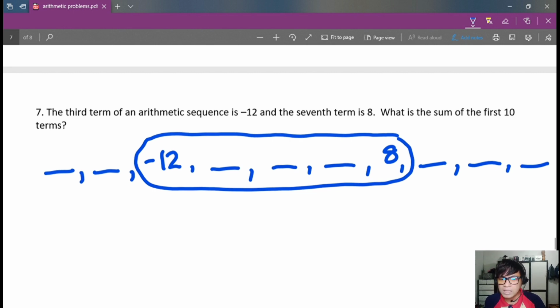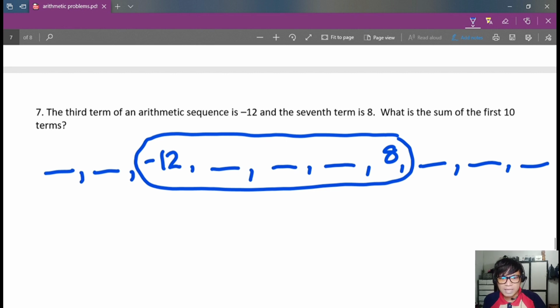So, itong negative 12 and 8, ito na lang muna yung focus natin. So, magbabago yung number of terms natin. We will disregard yung 2 terms dito sa left, and we will also disregard yung tatlong terms dito sa right. So, mag-focus lang muna tayo dito sa dalawa, and pati yung arithmetic means nila, kasi we don't have any idea dun sa first 2 and the last 3 terms.